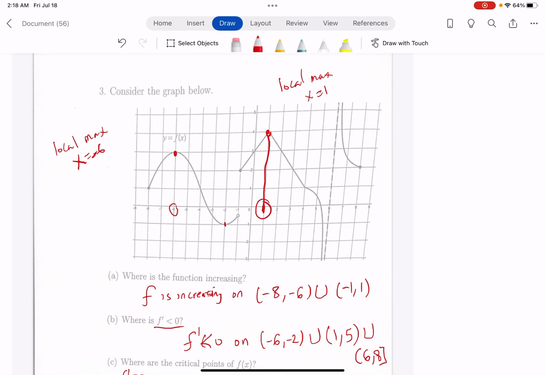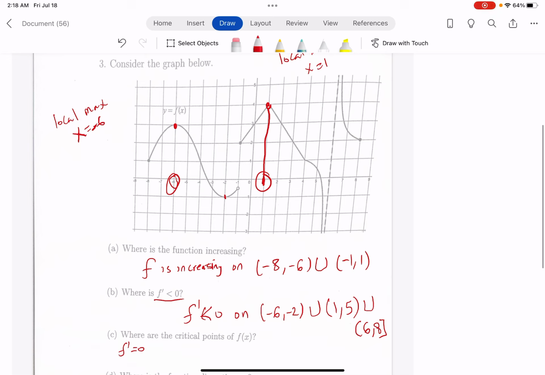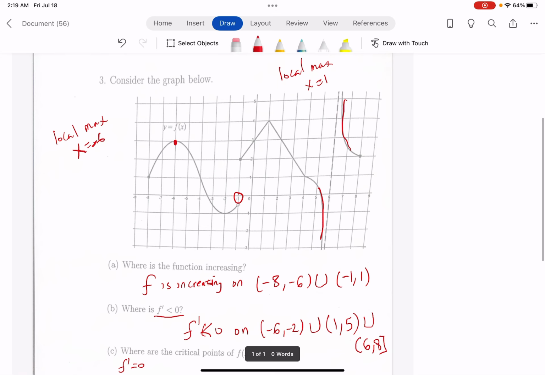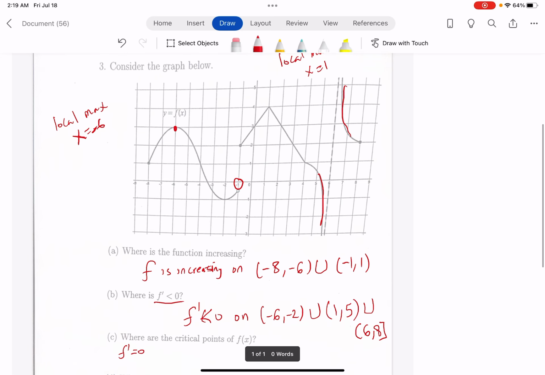Okay, you could also note the corner points where the slope jumps. The slope jumps here from -1, and also it jumps at 5. You can see here that there is a jump also.